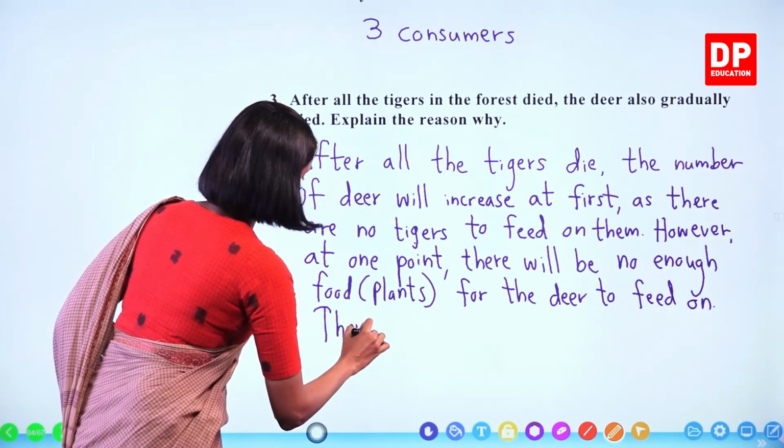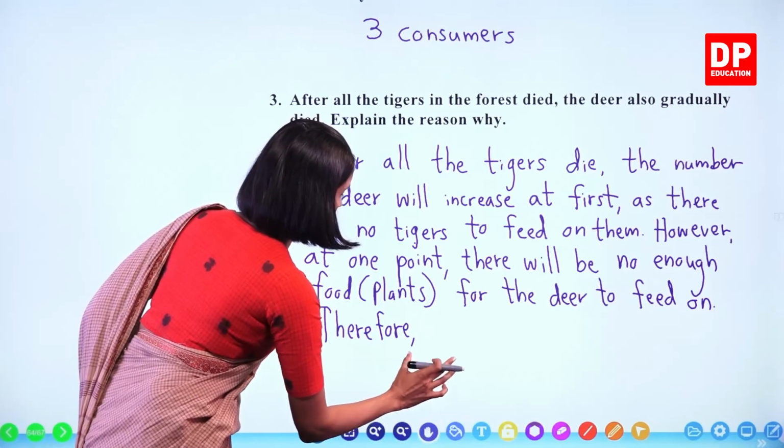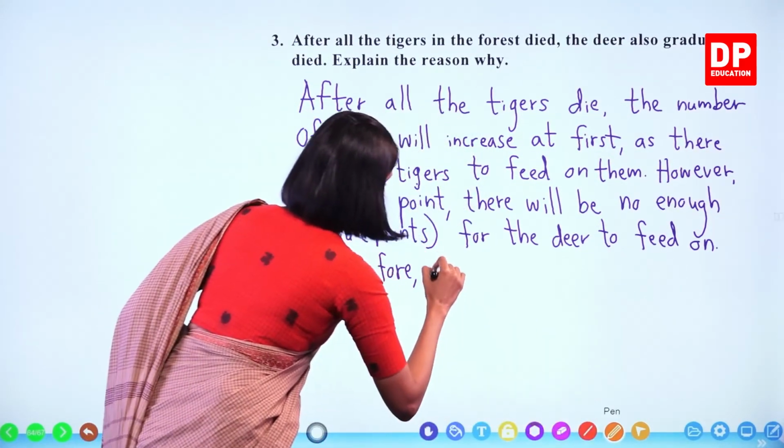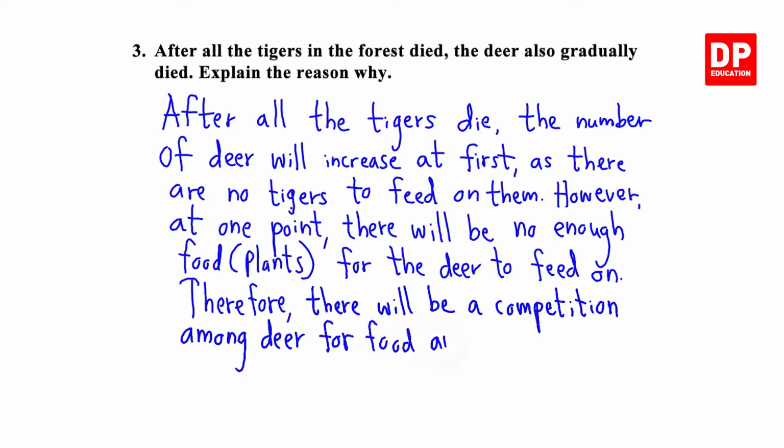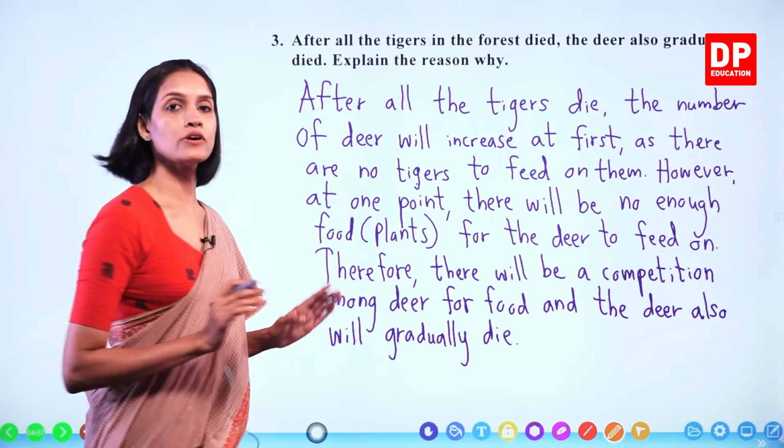Therefore, there will be a competition among deer for food, and the deer also gradually die. Okay?